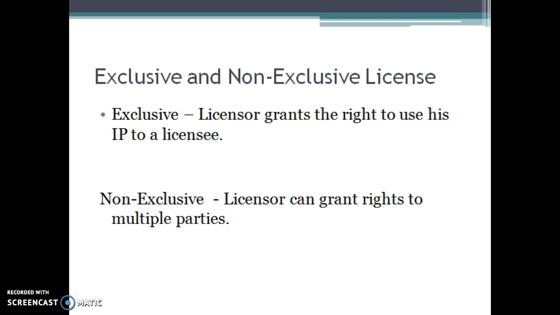And so these have to be discussed in your licensing agreements with the person that you're licensing it to, because they may or may not want to have it licensed out to other parties. And there can be money to be made there if you do keep it exclusive. But there's also a lot of money to be made if you have non-exclusive licensing. You see a lot of non-exclusive licensing when it comes to the medical field, for example.